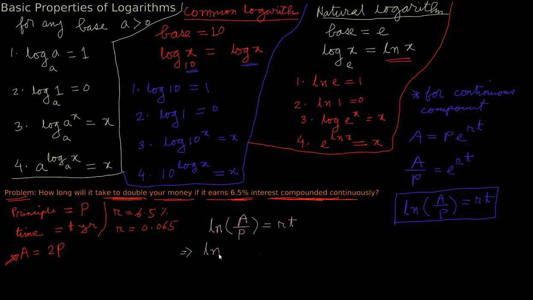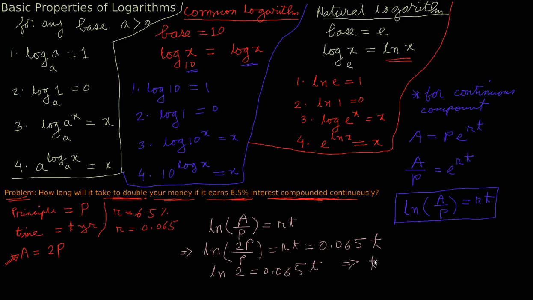So ln, now my A is 2P, my P is P, equal to RT. What is my R? 0.065, and T I do not know, I need to find it, so T is T. So what I get is the natural logarithm of 2 equal to 0.065 T.